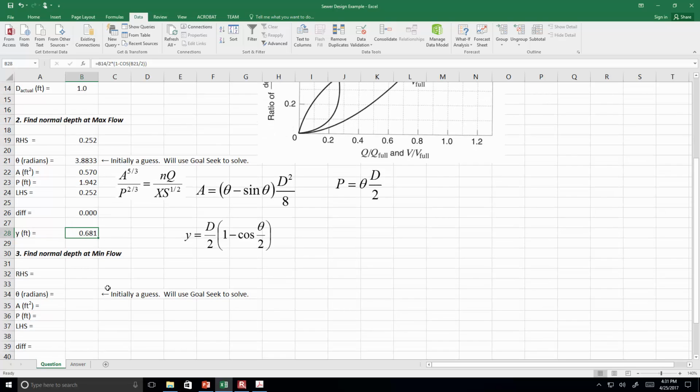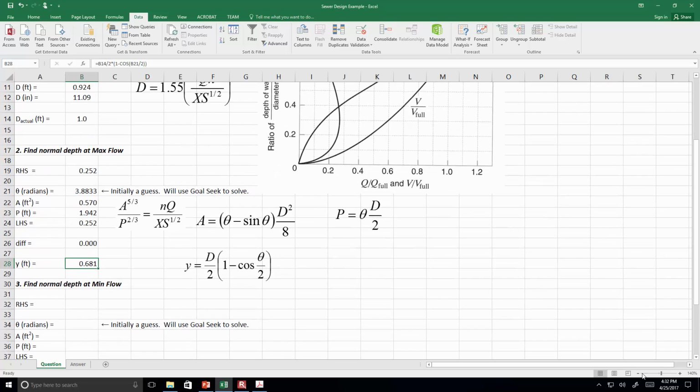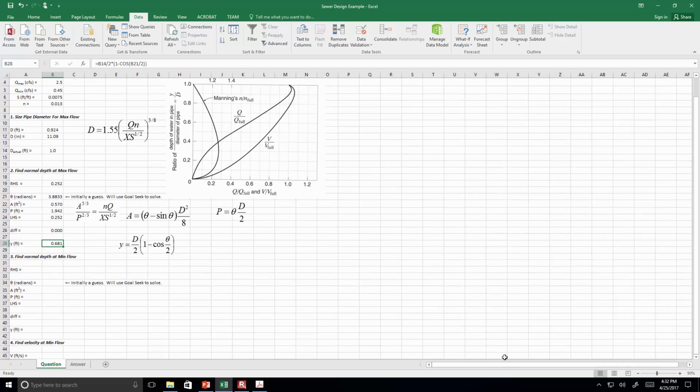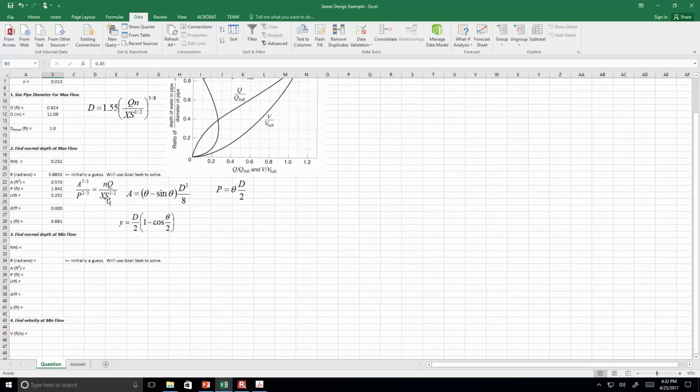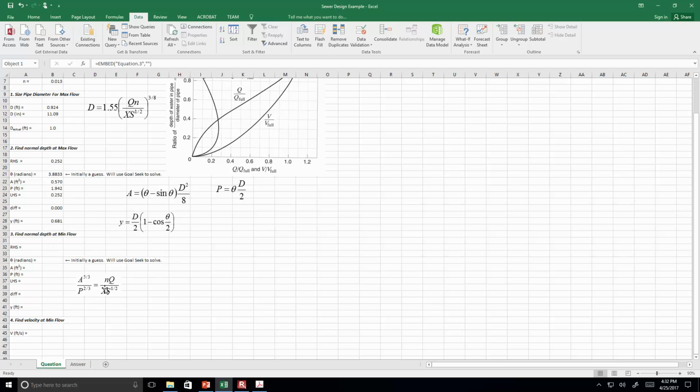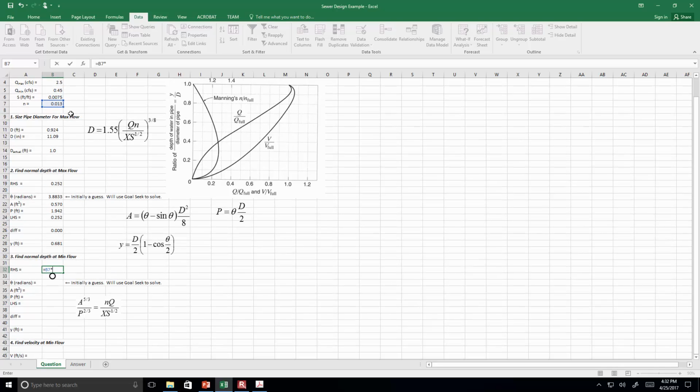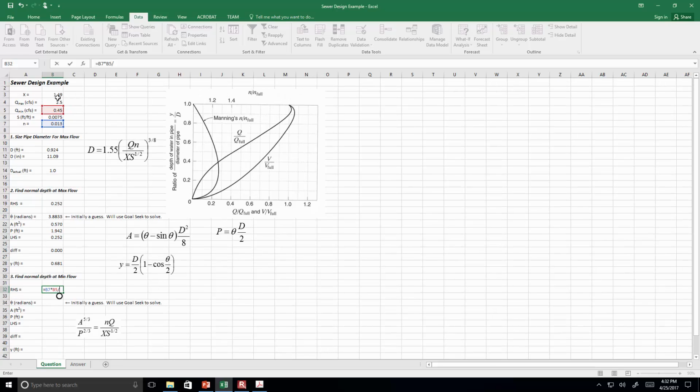Now, under minimum conditions, we want to do a similar thing, except now find out what the flow depth is when we have minimum conditions. That was this 0.45 cubic feet per second. So the right-hand side of this rearranged Manning's equation is going to be the n value times the minimum flow rate, 0.45, divided by 1.49 times the slope to the 1/2 power.